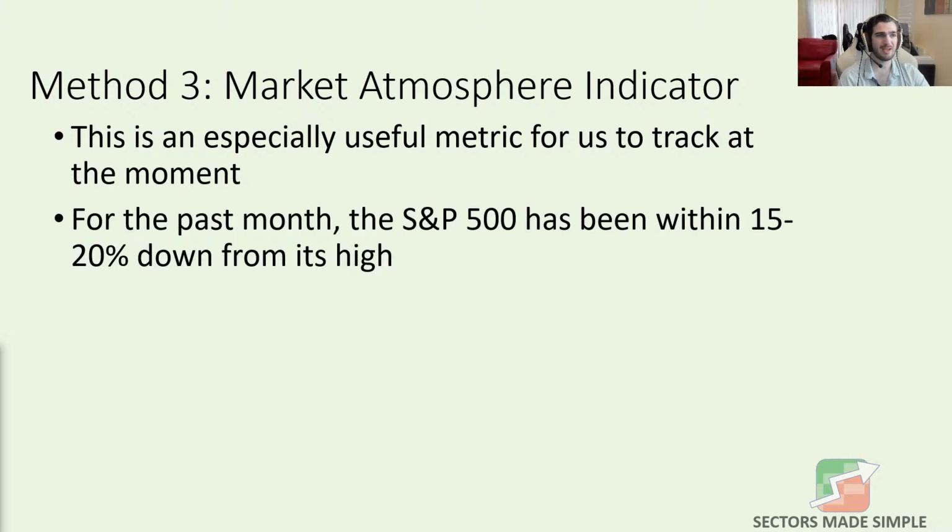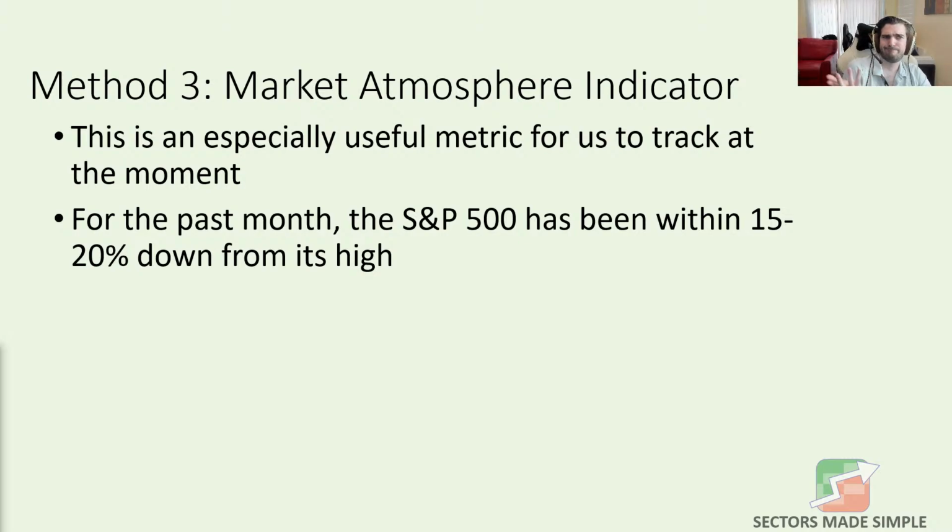For the past month, the S&P 500 has been bouncing between 15% down and 20% down from its high at the beginning of the year. What that means is, if 20% is the line for a bear market, anything below that line says we're in a bear market. Investors don't really like bear markets. They don't like it when it looks like it's about to start raining.